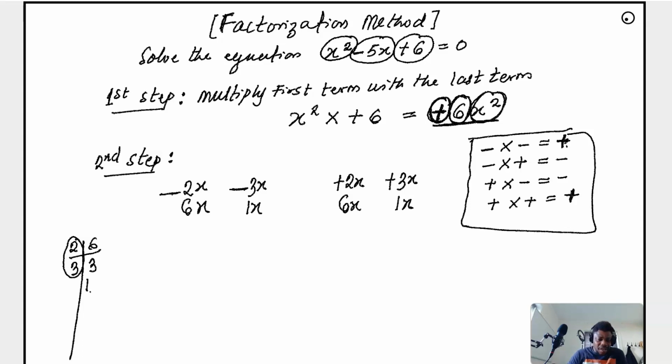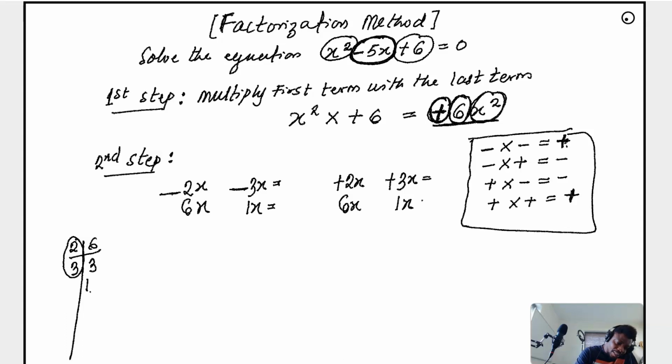Now listen very carefully for the third step. The third step, I'm not going to write it down. I will just show you now. The third step is what can give us what we have in the middle. What do we have in the middle here? Which is the second term, minus 5x. Okay? So let's quickly add up everything that we have here.